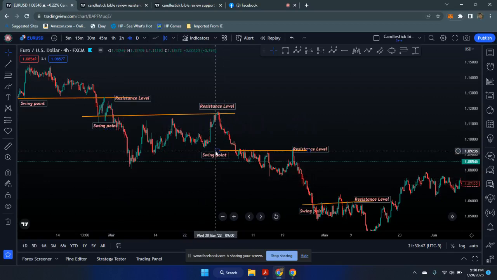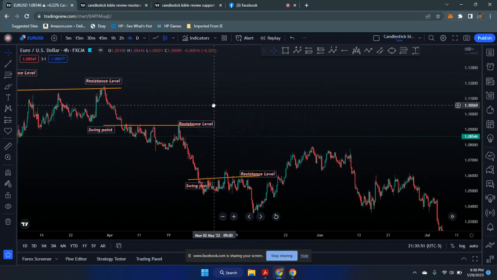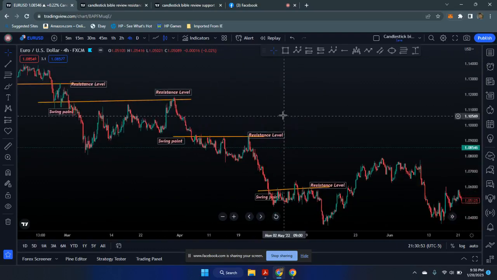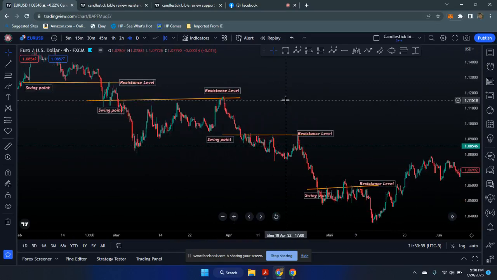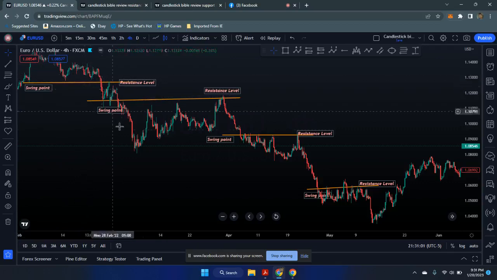They let you know about the major turning key points so you can see inside the market as well. Also, you want to have different technical analysis as well, but let's just start with the basics. Let's just know what's the support, the market structure, what's our swing points and our resistance or support levels, so we can easily identify them.